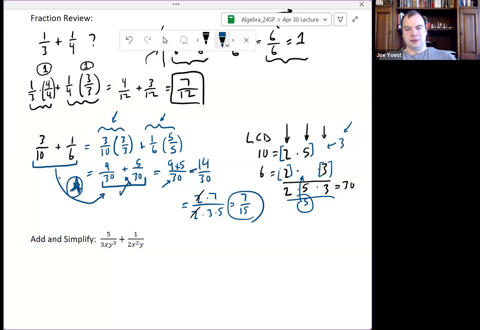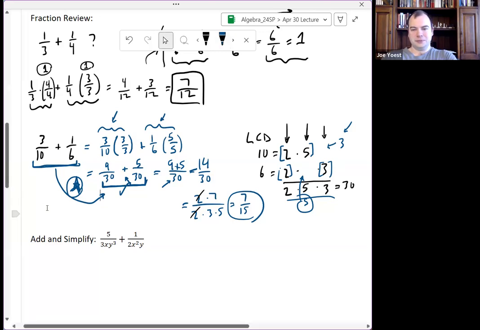Once we get to this step, from here on out, we know how to approach the problem from previous work. So this last bit where we add and then simplify, I know how that works. So really the key is to get from unlike denominators to like denominators. And once we get there, we can take a deep breath and say, okay, I know how to do this from this point forward.